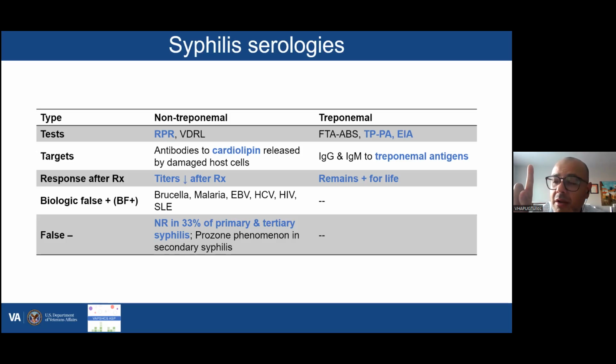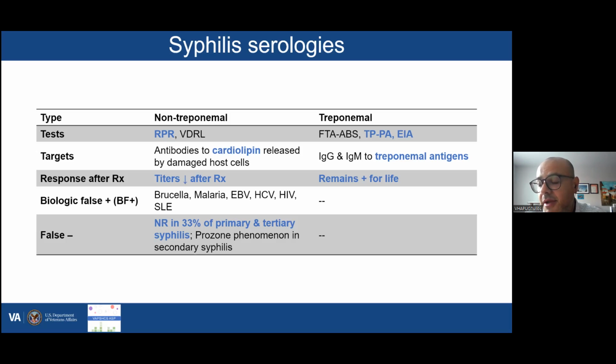And then you were asking about the RPR being so high that it could be negative, right? That's also a possibility. It's something called the prozone phenomenon. It usually happens in patients with secondary syphilis.